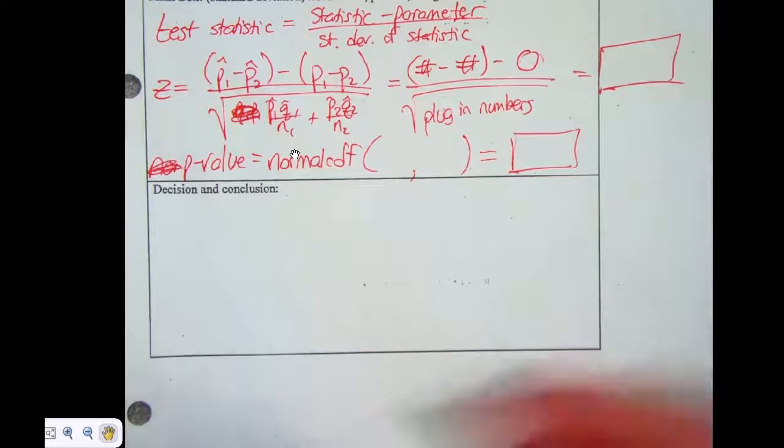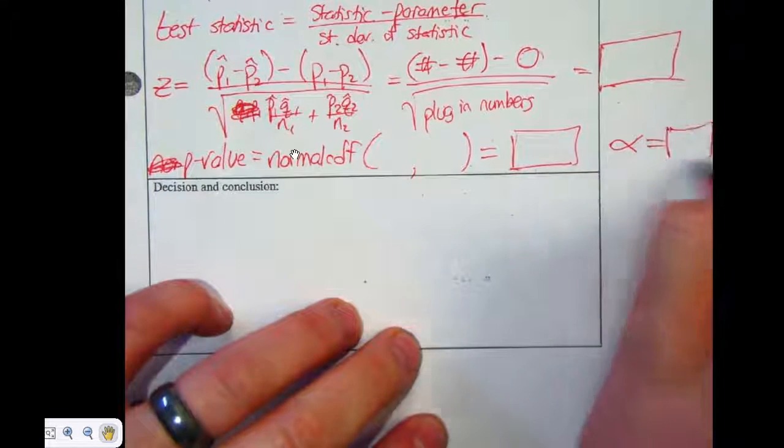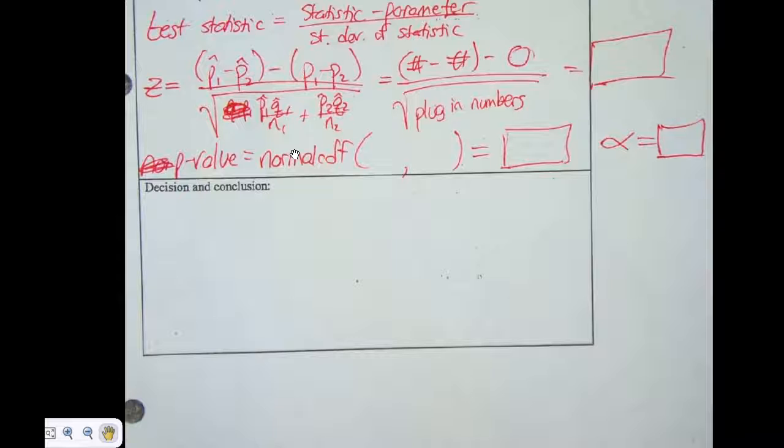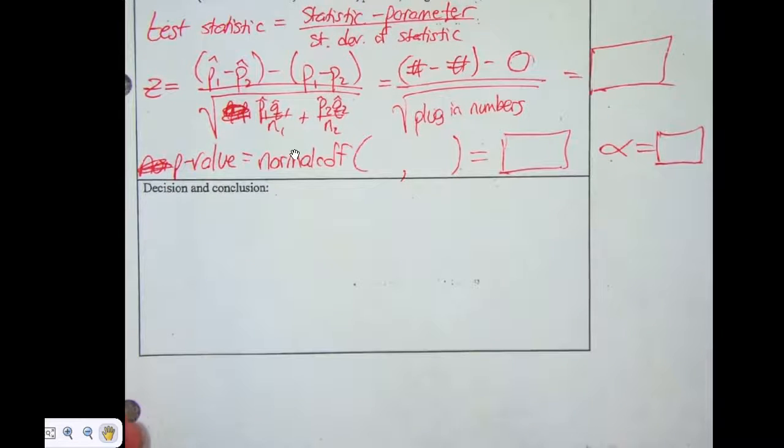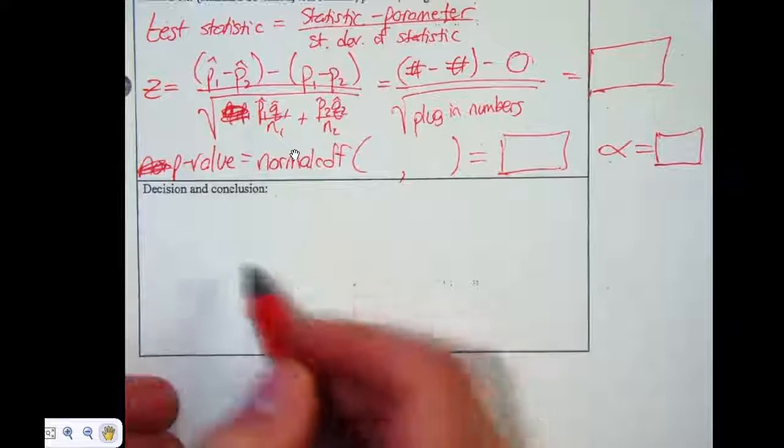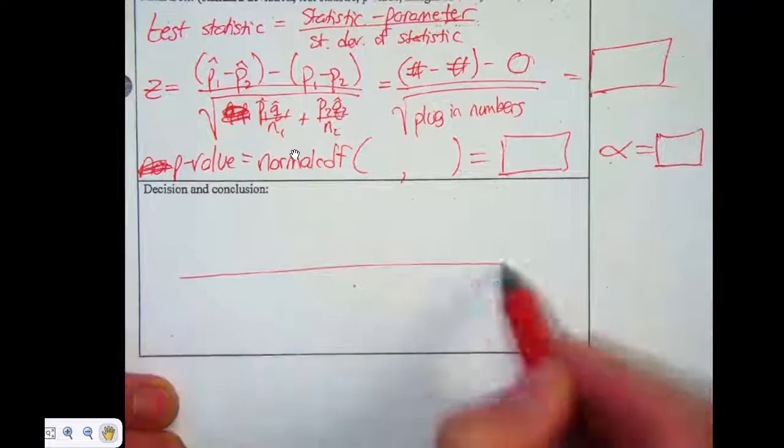With the normal CDF, if the Z or T is negative, you're going to go negative 999 up to negative that. If it's positive, you're going to go that to 999. Write down your alpha somewhere. Then I'm going to use this box to draw.